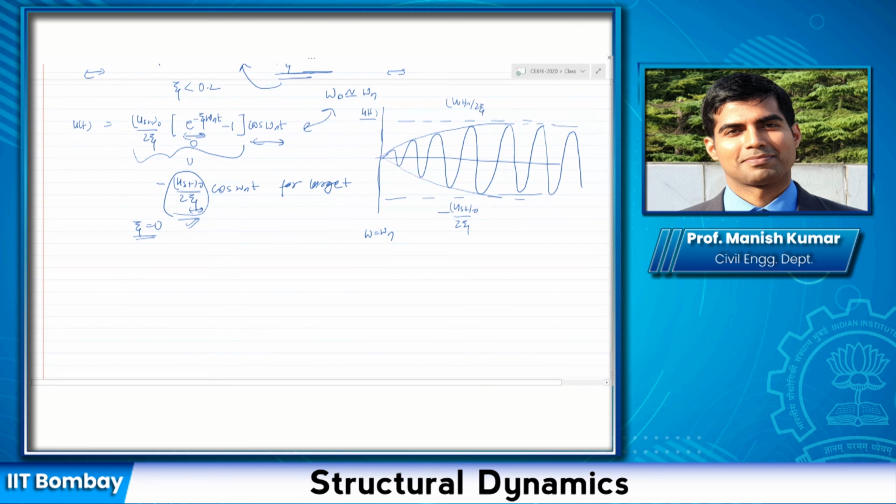Okay, so for a damped system, when omega equals omega n, when the applied frequency or the forcing frequency matches with the natural frequency of the system, you would see a gradual increase in the response of the system. However, it does not become unbounded. It is bounded by this amplitude that you see here.